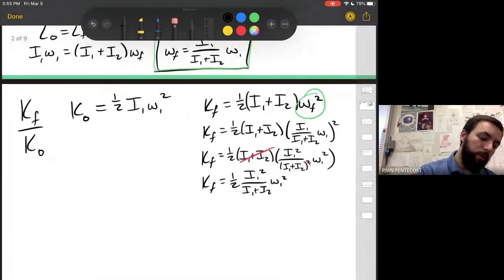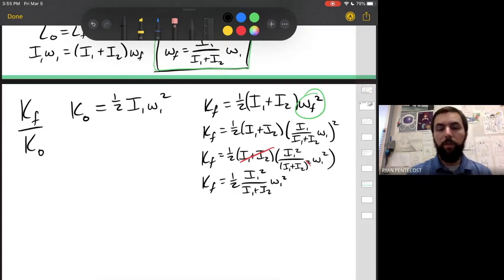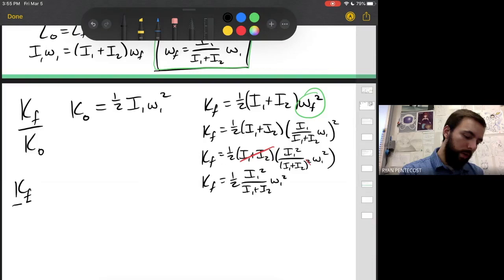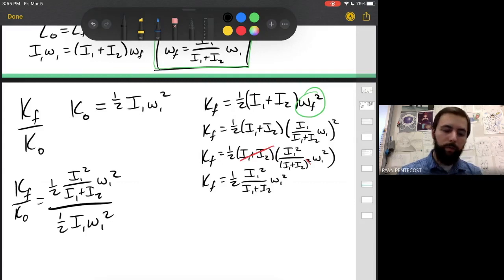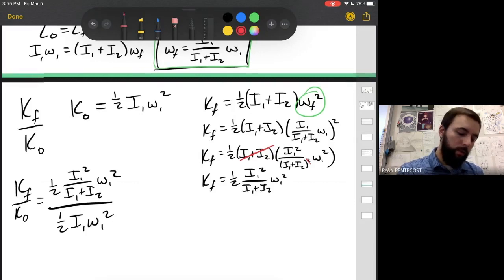Now we are going to divide these, which is again going to be some intense algebra. So K final divided by K initial: you've got 1/2 I1 squared divided by I1 plus I2, times omega 1 squared, divided by 1/2 I1 omega 1 squared. The omegas and the 1/2s can cancel.